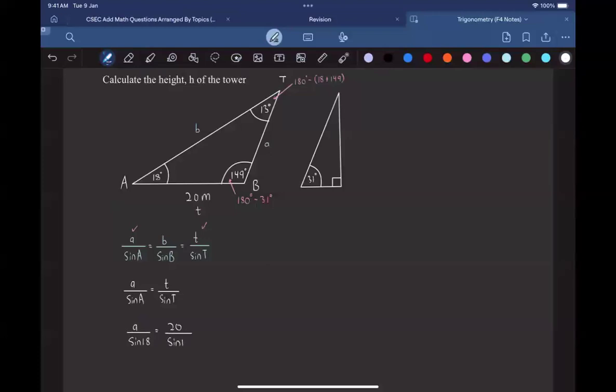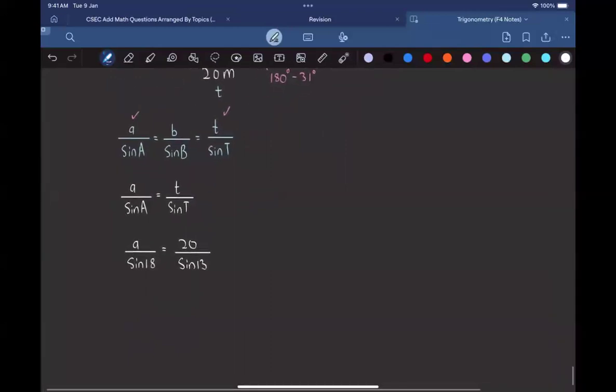So what am I going to do next? Cross multiply. Tell me what I'm going to end up with when I cross multiply. A sine 18 equals 20 sine 18. Cool.